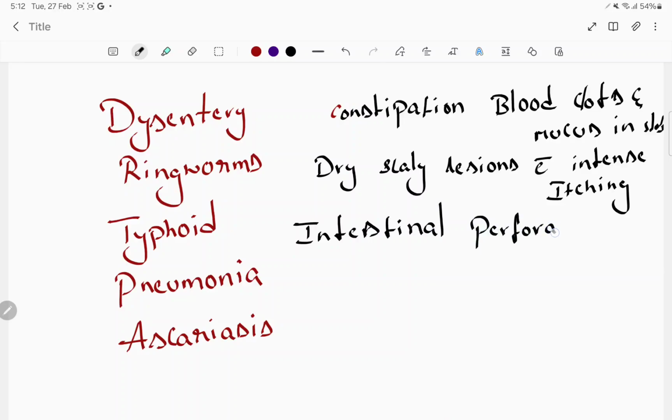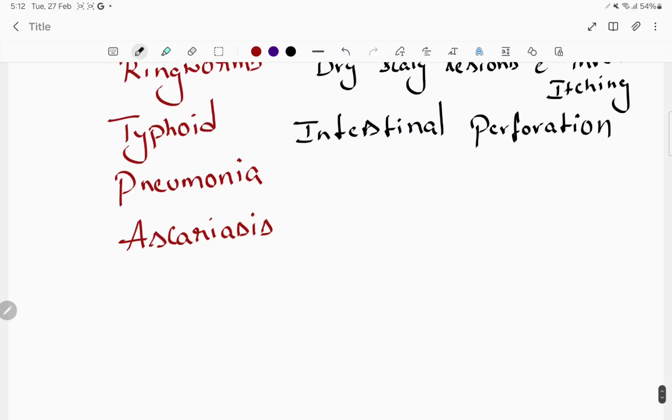Coming to the next, pneumonia: lips and fingers may have cyanosis, meaning turning bluish in color.